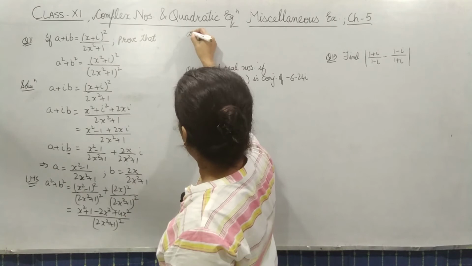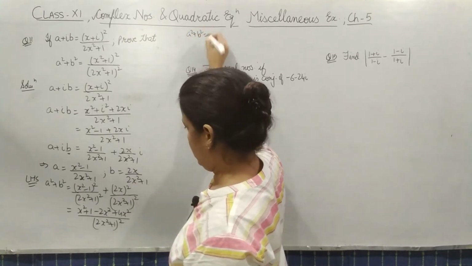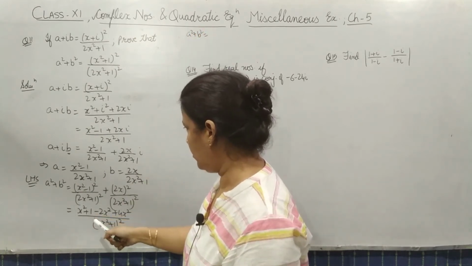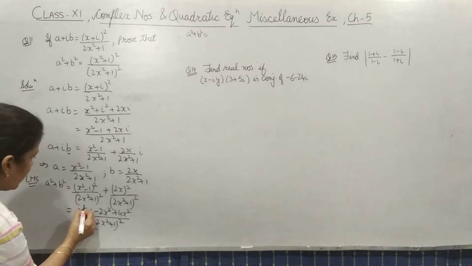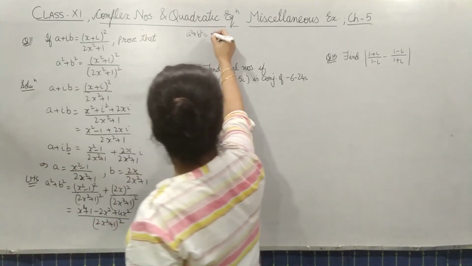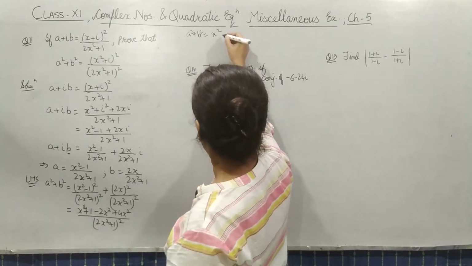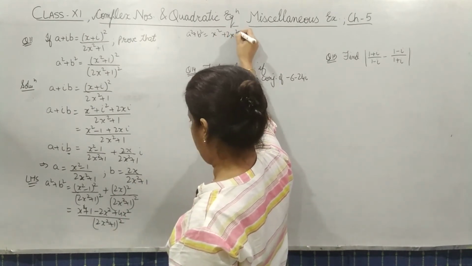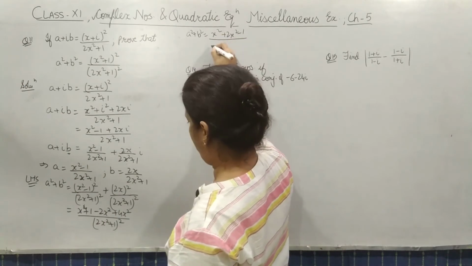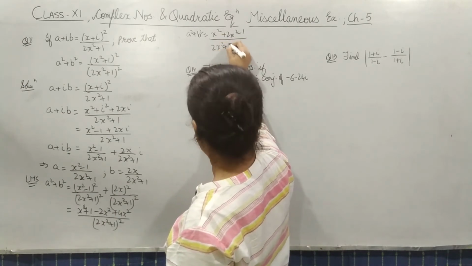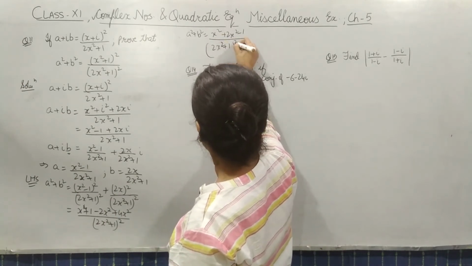This is a square plus b square. Sorry, this is x power 4, x power 4 minus 2x square plus 4x square, so plus 2x square minus 1 upon (2x square plus 1) whole square.